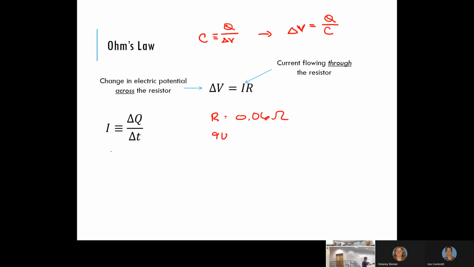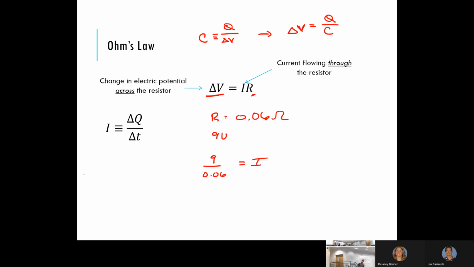One end is at 0 volts, the other end's at 9. How much current runs through that wire? Well, we plug that stuff in. So we get 9 volts divided by 0.06 ohms. That will tell me how much current's running through the wire, which is a wicked lot.